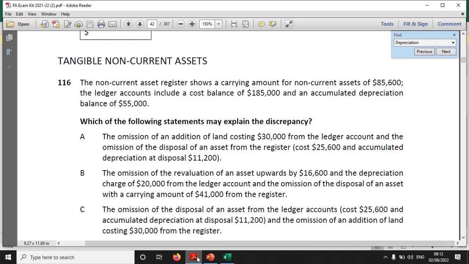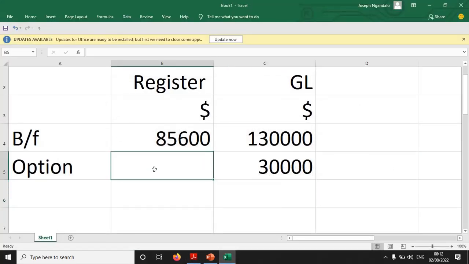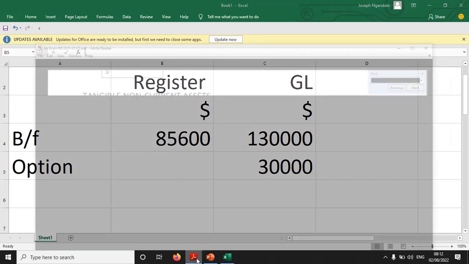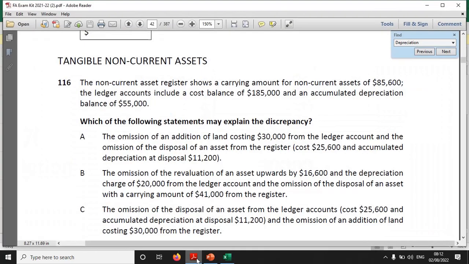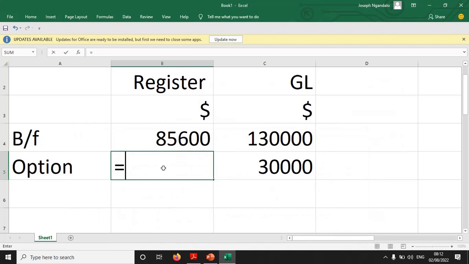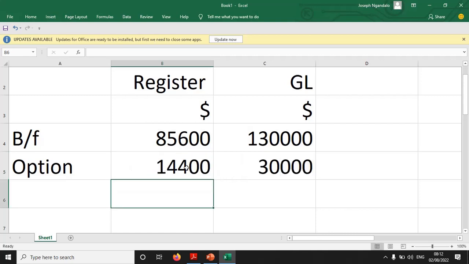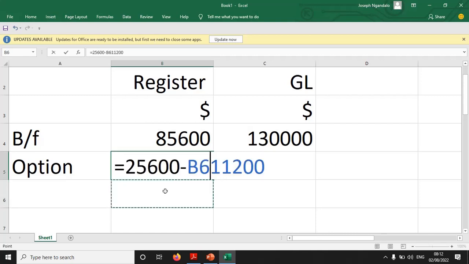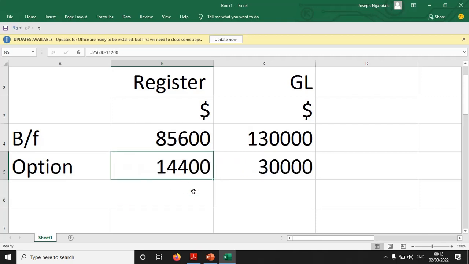So 25,600 minus 11,200 from the register. You say 25,600, minus 11,200. You're getting 14,400, right? Now since it was a disposal, you're going to say 14,400.